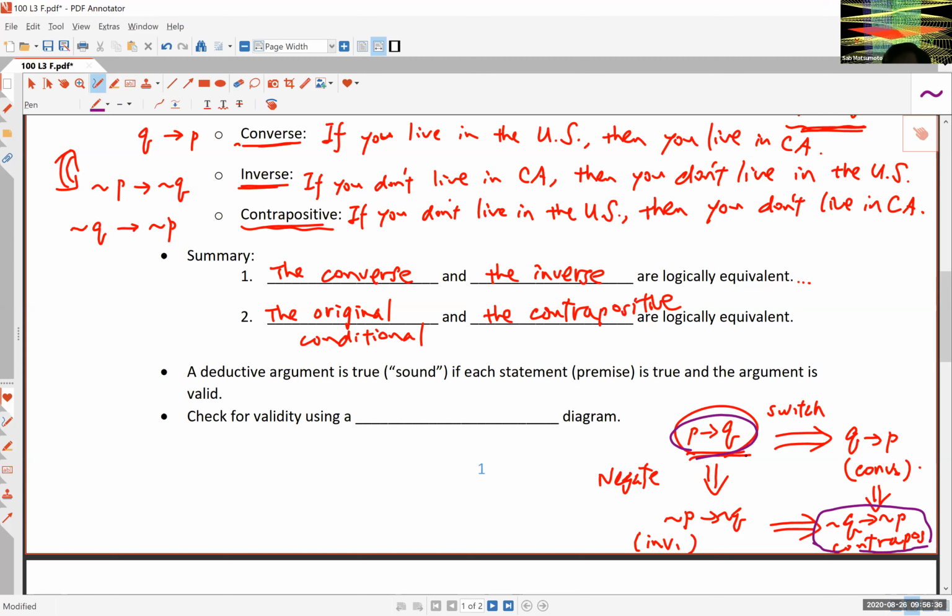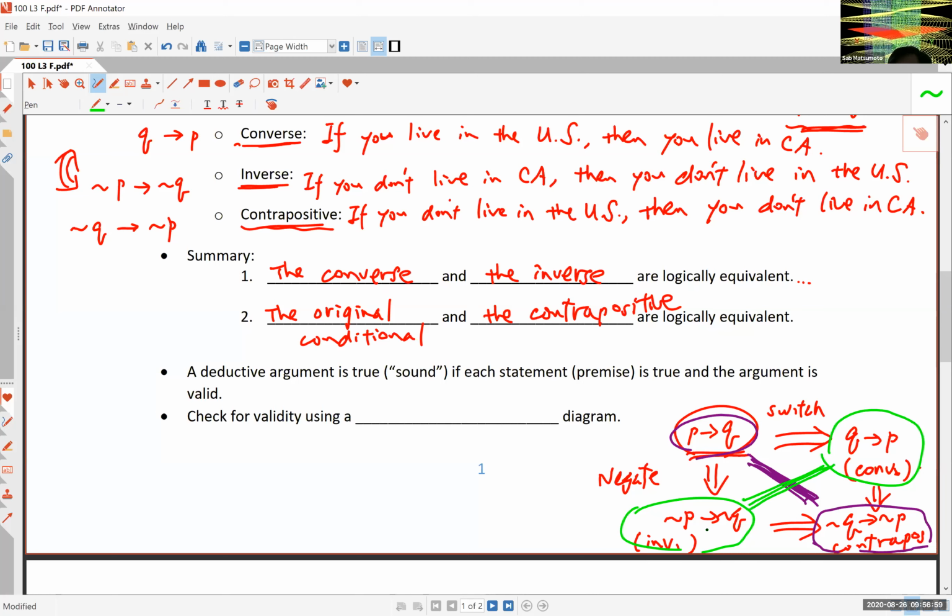Okay, these are logically equivalent to each other. On the other hand, the converse is not equivalent to the original statement, and neither is the inverse, but they happen to be logically equivalent to each other.